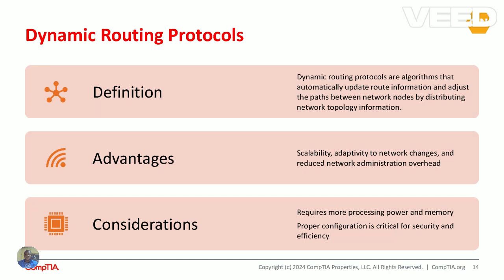So we have dynamic routing protocols. Under these, we are going to talk about the definition, the advantages, and the considerations. The definition: dynamic routing protocols are algorithms that automatically update routing information and adjust the path between network nodes by distributing network topology information.